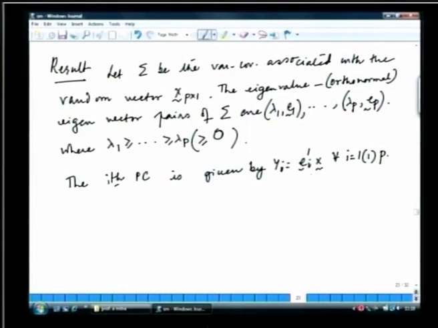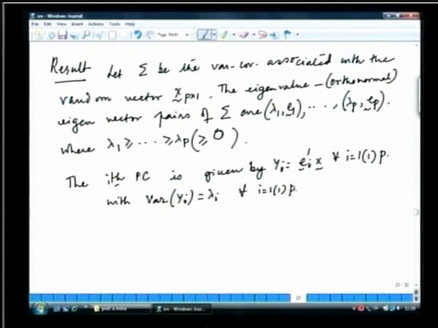So, the linear combination that I have is yi is nothing but ei transpose x. Now, these other properties will be satisfied, because simultaneously we have something for these yi's, for every i from 1 to p, with variance of yi. We will see that this is nothing but lambda i for every i from 1 to p.